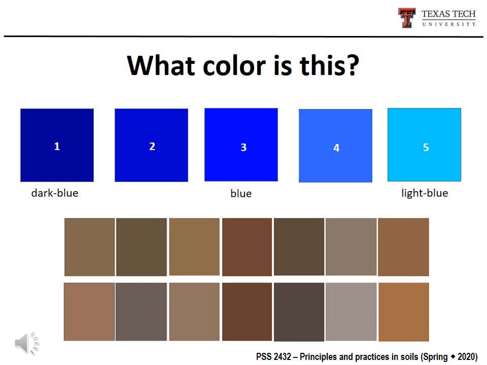You can see below the blue squares, small squares with some very common soil colors. Look, can you tell me what color is? It's not easy, right? Sometimes it's difficult to separate some colors of different surfaces, of different objects.